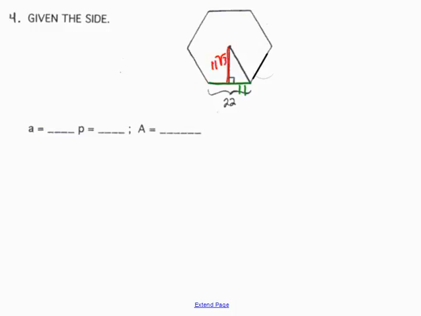And I know this is done for you, but I'm just going to go over this one for you too. Okay, so the apothem is 11 radical 3. Perimeter is going to be 22 times 6, which happens to be 132.